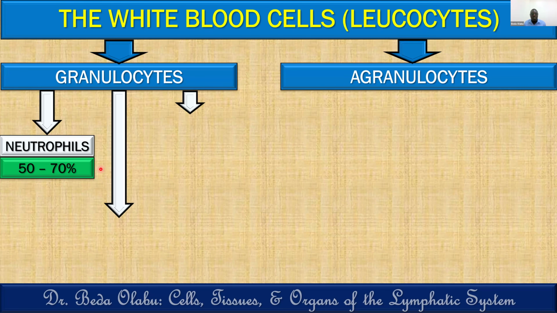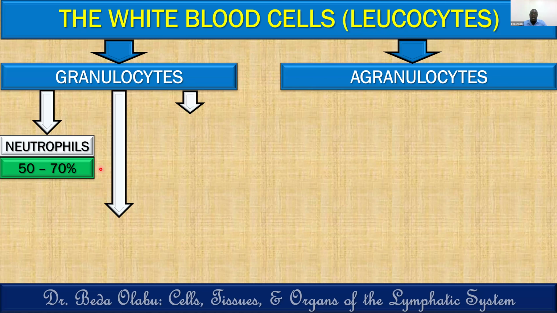The absolute count is good, but doesn't tell us much. And that is why we look for the differential count. So you might see that, yes, you have a lot of white blood cells, but is it all the white blood cells affected? Maybe no. That's why we need to know which white blood cell is increased. And that's why we want to know the differential count.